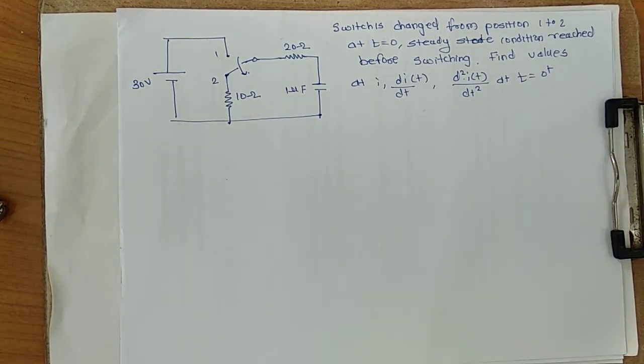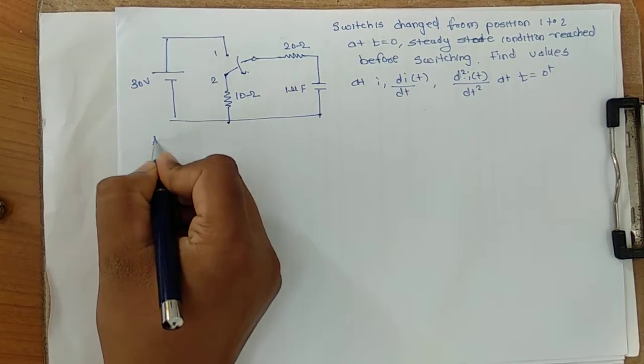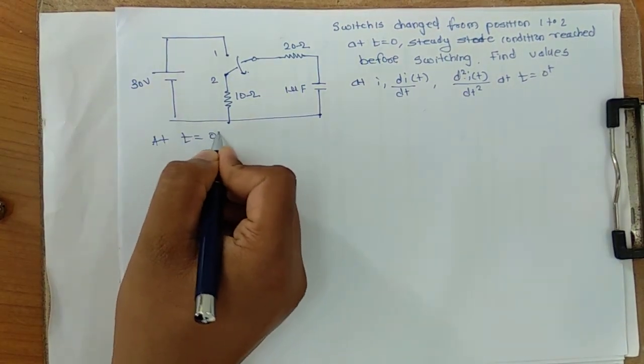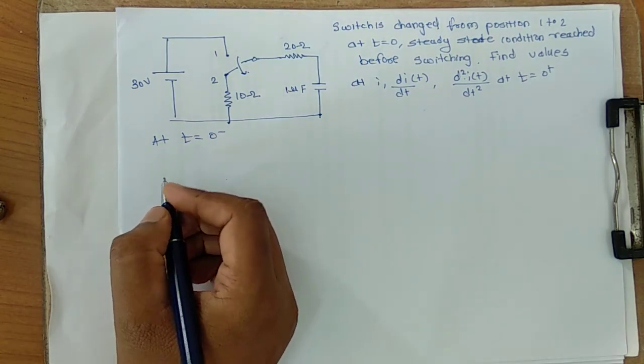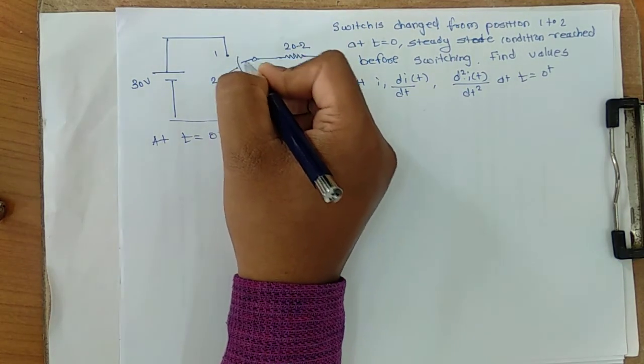First of all, we will find out at t equals 0 plus, 0 minus. At t equals 0 minus, we have to find out the circuit. So at t equals 0 minus, the switch is at position 1.